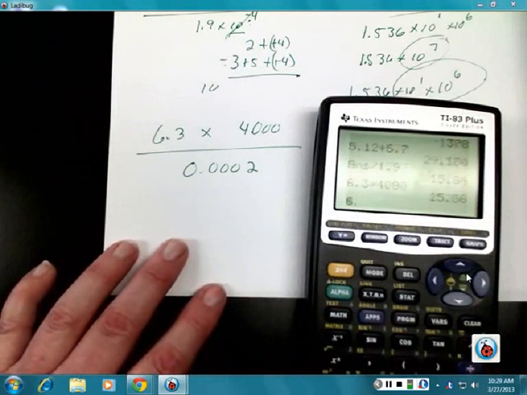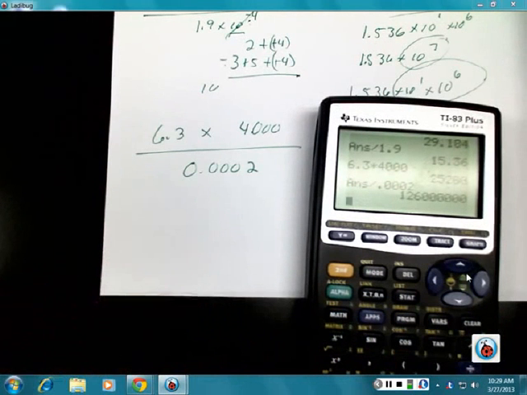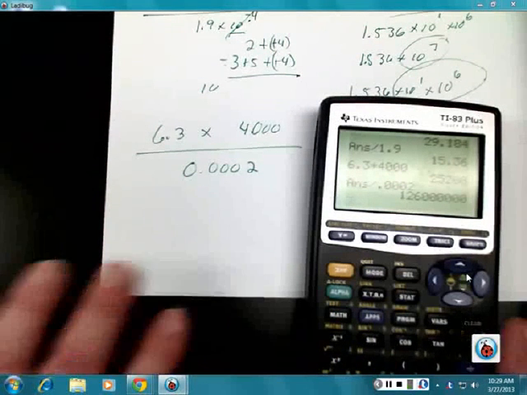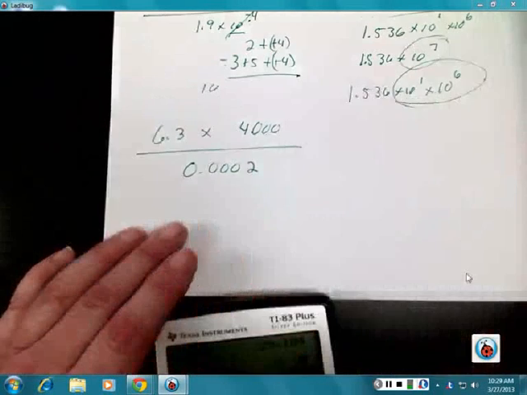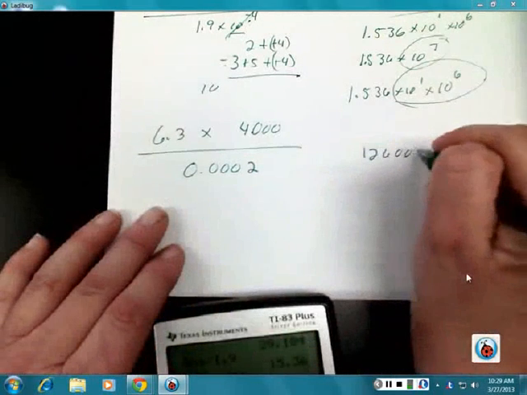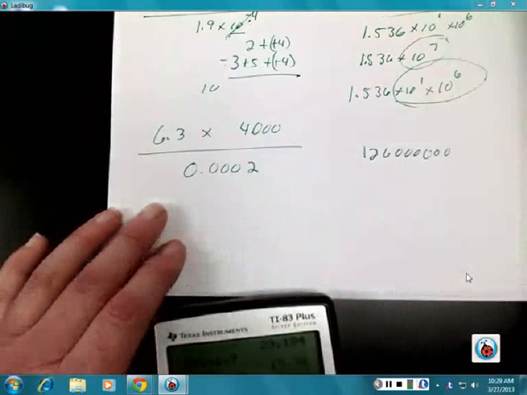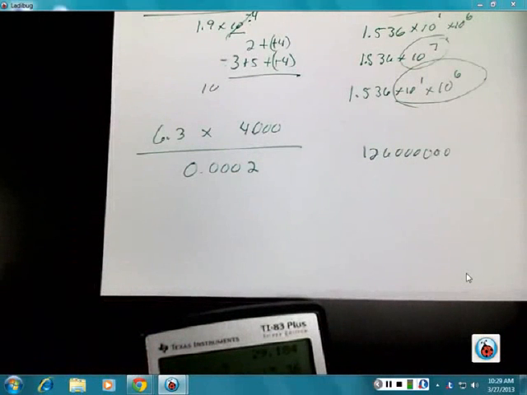Get that answer, divide it by 0.0002, and I get something like, let's see, 1, 2, 3, 4, 5, 6 zeros and 126. Okay, that's if I do it that way.